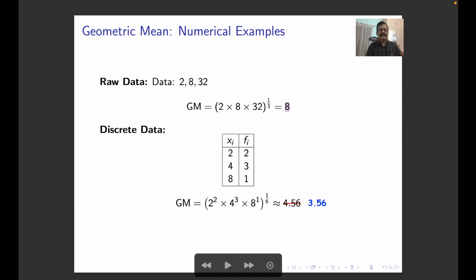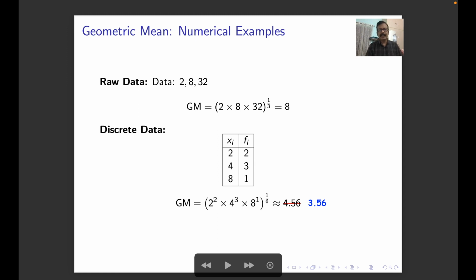Similarly, for a discrete data, we have discrete data points xi, 2, 4, 8, and fi, the corresponding frequencies 2, 3, 1. Then geometric mean is 2 raised to 2, the corresponding frequency, into 4 raised to 3, into 8 raised to 1, the whole raised to 1 by 2 plus 3 plus 1, that is 1 by 6.